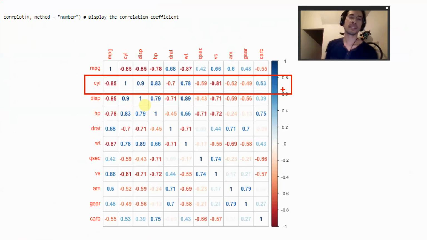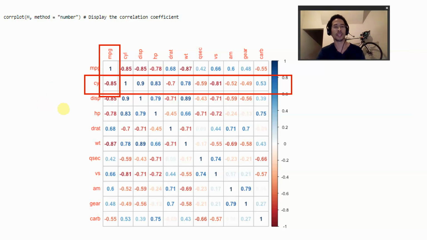I think this data set's talking about cars. And what it says is, let's look at this intersection here. As the number of cylinders in a car goes up, the miles per gallon drops precipitously.